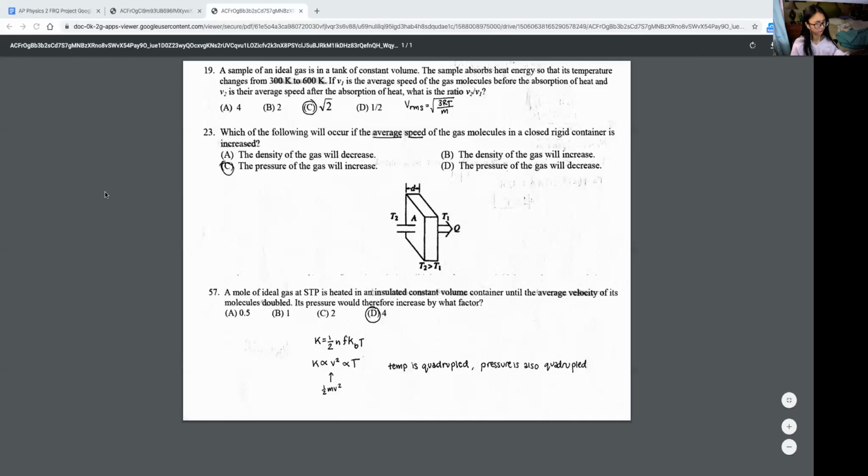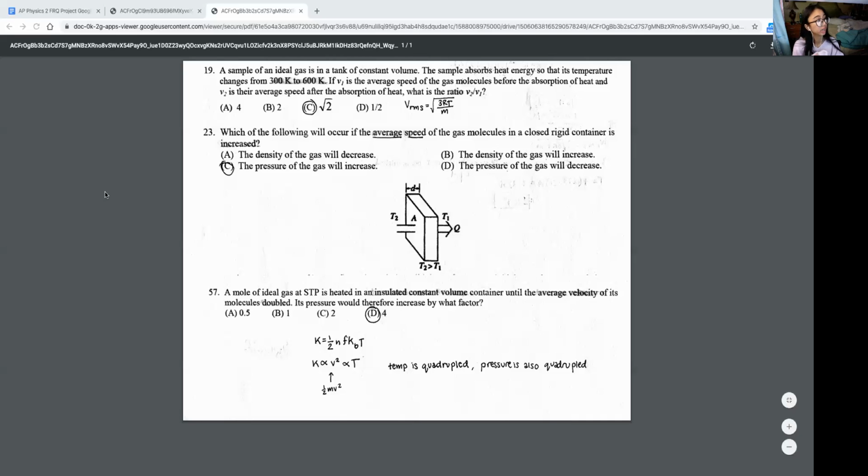What this equation tells us is that K is proportional to T, and K is also proportional to v squared, from K equals 1/2 mv squared. If velocity is doubled, the temperature is quadrupled.